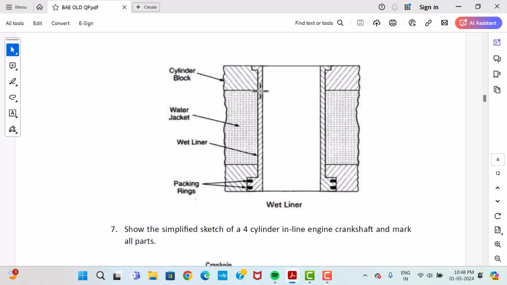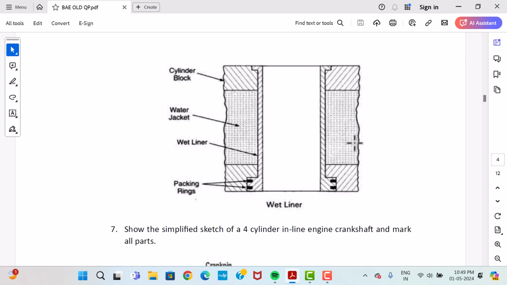I would also like to explain why we are using a liner. The cylinder is manufactured by the casting process. So if any wear and tear takes place, we have to replace the cylinder or rebore it, which is costly.